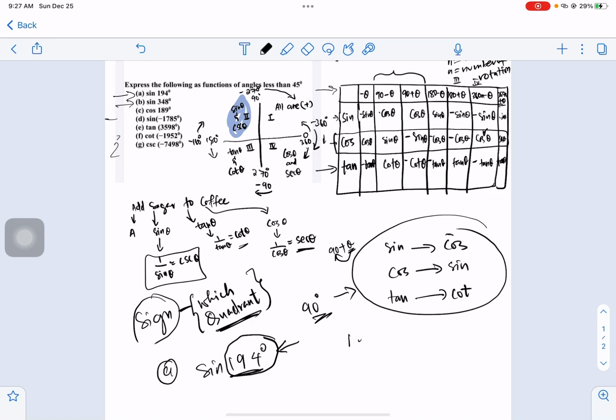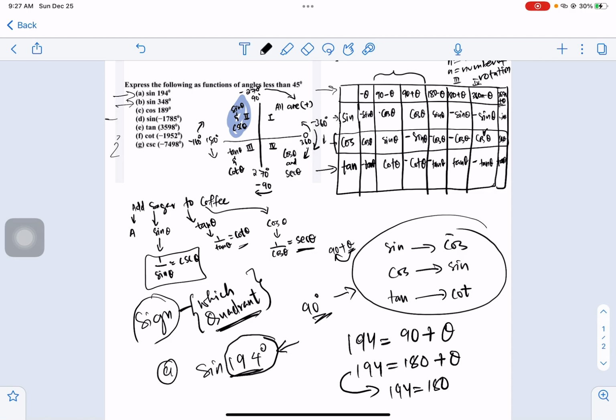So 194. Can this be written in another form? Yes. It can be 90 plus some theta, or 194 can also be written as 180 plus theta, right? If I choose the second option, we get 194 by adding 180 plus 14.